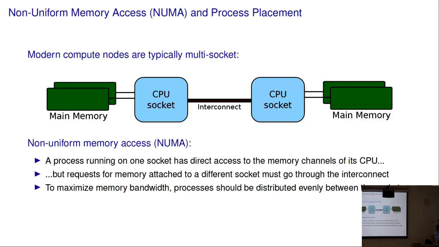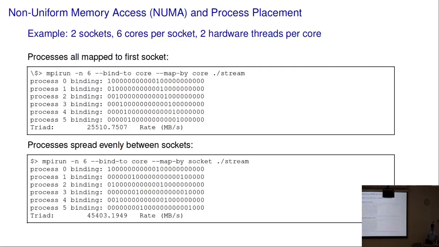To maximize the available memory bandwidth, you need to make sure that your processes are distributed evenly between the sockets. As you're doing your scaling problem, you don't want to load a bunch of processes onto one socket, because then you're only getting half your memory bandwidth. Here's an example running on a system with 2 sockets, 6 cores per socket, 2 hardware threads per core, where I think this is OpenMPI.